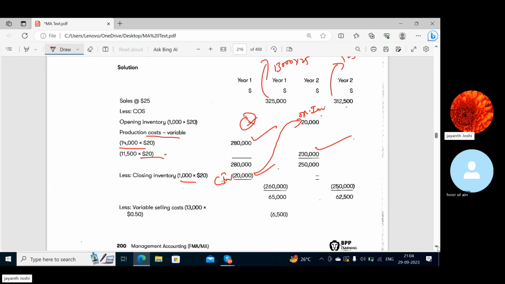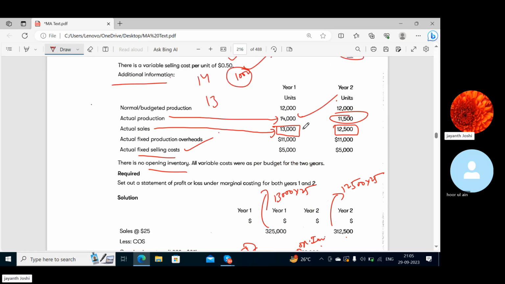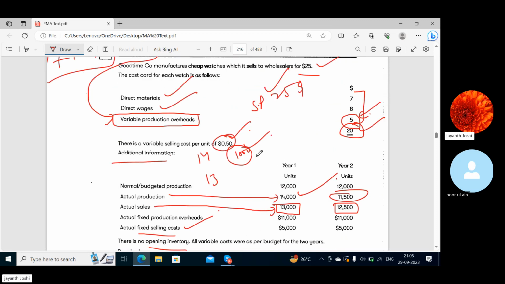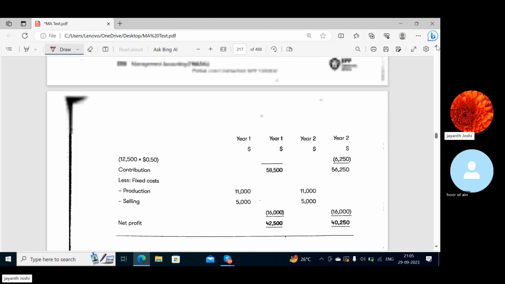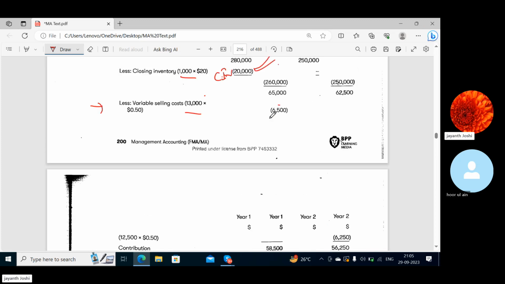As per marginal costing, as we calculated earlier, we then remove the variable selling cost. So 13,000 units sold into 0.50, and 12,500 into 0.50, so it will be exactly half: 6,500 and 6,250.